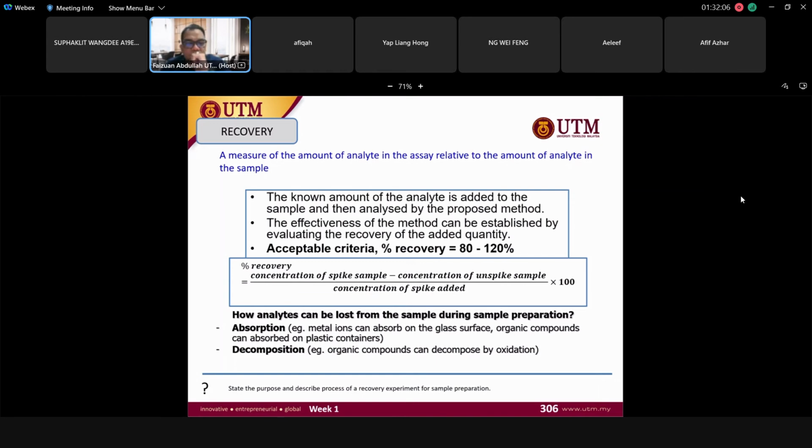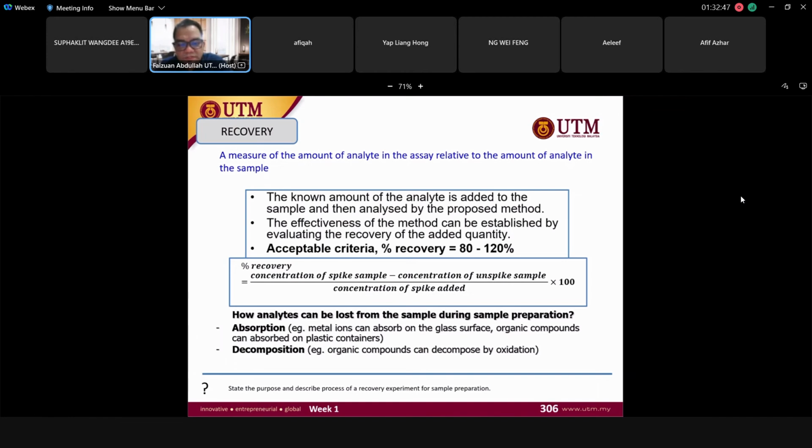And then we need to do the recovery. What is recovery? It is a measure of the amount of analyte in the assay relative to the amount of analyte in the sample. You have a known concentration, you have a spike. You put a known concentration of analyte, for example lead, inside a sample, and then you do the digestion process and so on, the sample preparation process, and after that you analyze. You know the exact amount actually, for example 1 ppm.